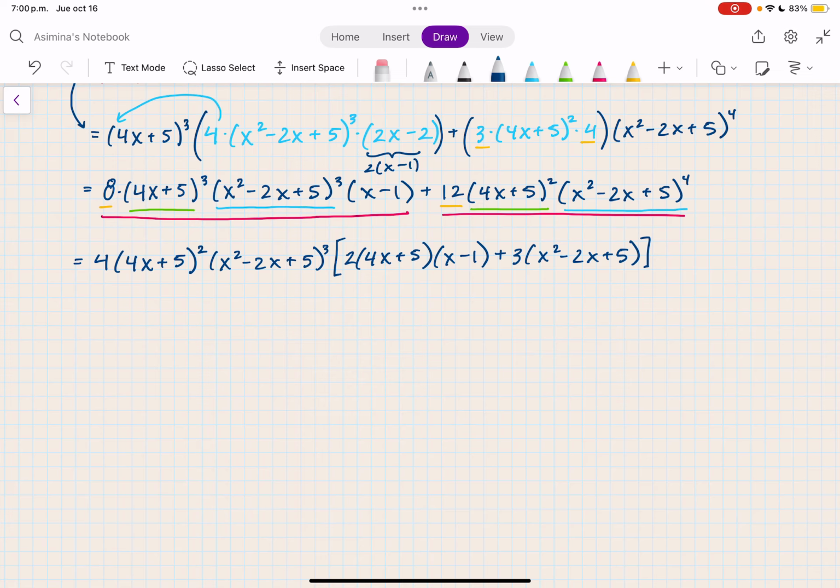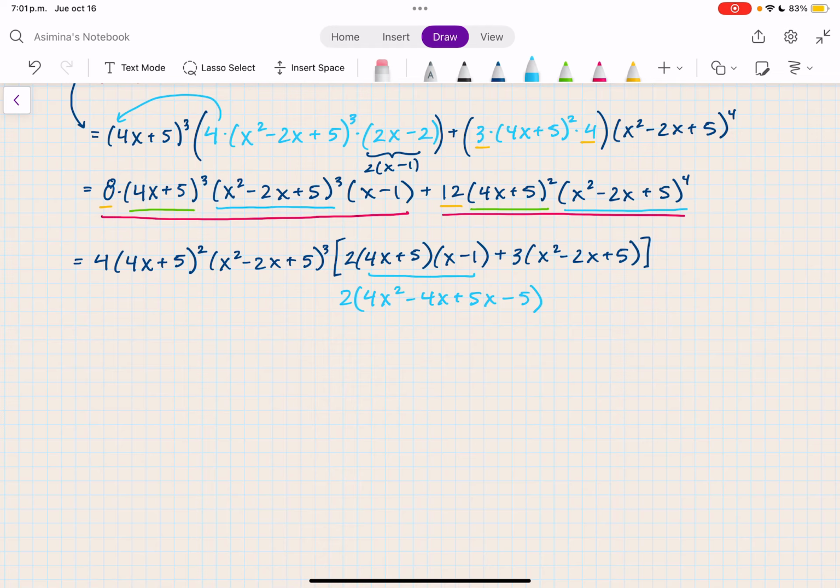Okay, great. Now let's multiply everything in these square brackets to see if we can simplify. So what do we get here? If we do that, we get 4x squared minus 4x plus 5x minus 5.